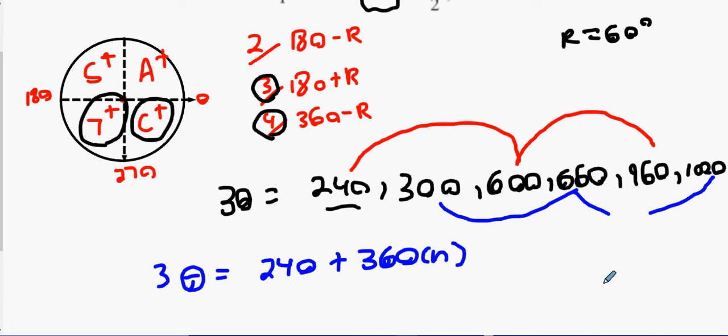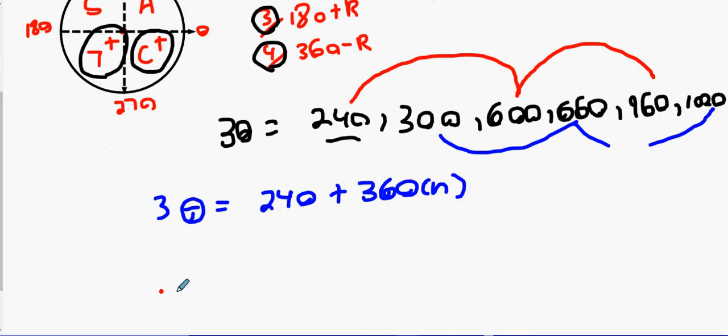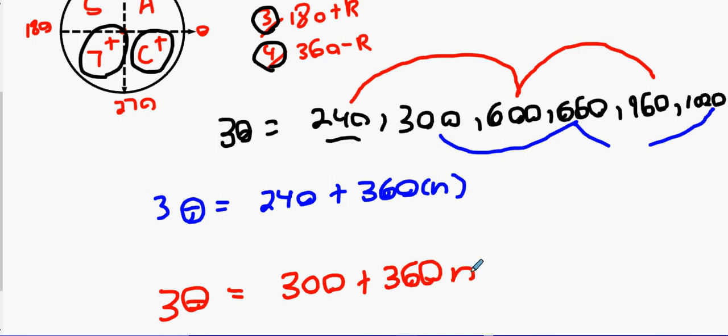What answer would you get when n equals 1? You get 600 for n equals 1. What happens if you did n equals 2? Exactly, alright? Now what about the other answer? 3 theta equals what? 300 plus 360n. And is that alright with you guys?